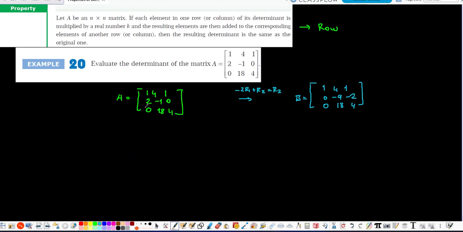Here I'm going to find the determinant of this matrix. I can use any row that I like, but I'm going to use the second row again because there is a 0 here. I can use the third row also, but I'm going to use the second row now. If I shade this part, the determinant of A is equal to, let's write with green color, 1 times minus 1 to the power of 1 plus 1 times the minor of this part, minus 1, 0, 18 and 4.